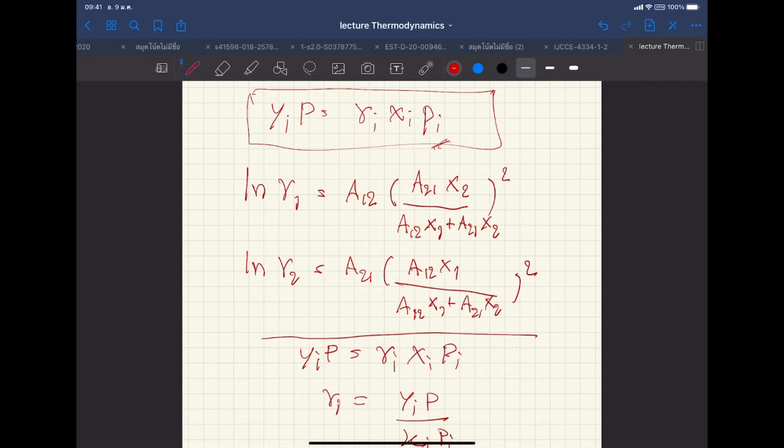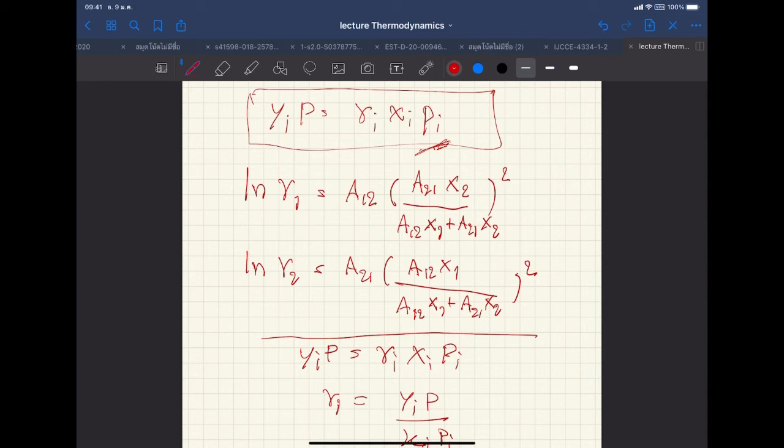For water, it's okay, we can find the saturated vapor pressure, right? But for oxygen or for nitrogen, we cannot find the saturated vapor pressure of these components, these species. So we have a problem because we cannot find this information.